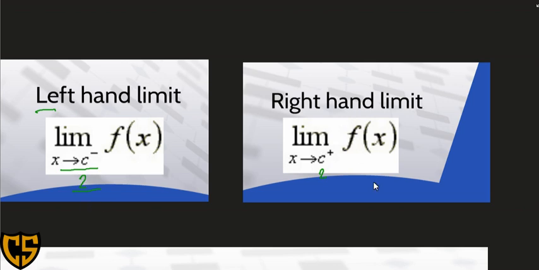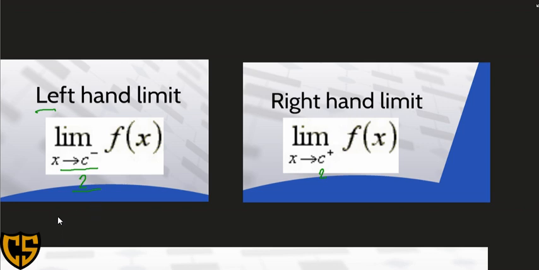Next, for the limit approaching from the right, we have to substitute values which are greater than 2. What are the possible values we need to substitute? Since we are approaching 2, the values should be close to 2 but not exactly 2.